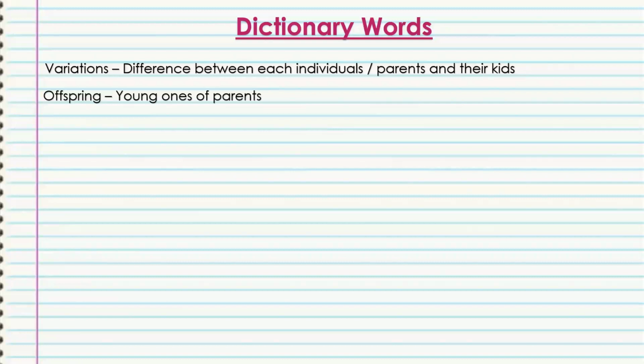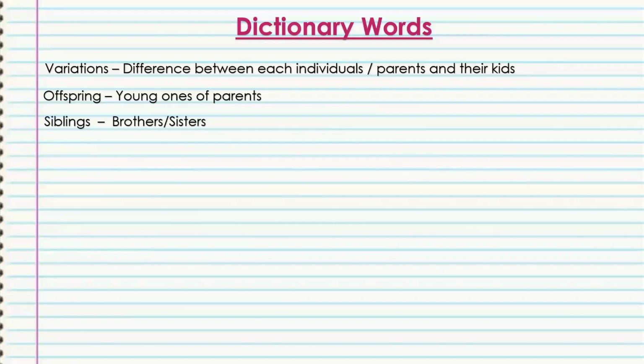So if I am using the word offspring in a sentence as the dog gave birth to 5 puppies, which are their offsprings. Is it correct? Okay. So offsprings are nothing but young ones of parents.